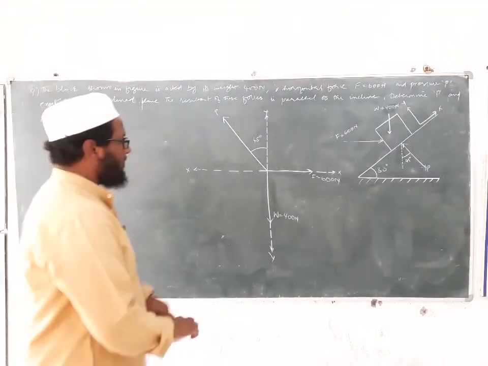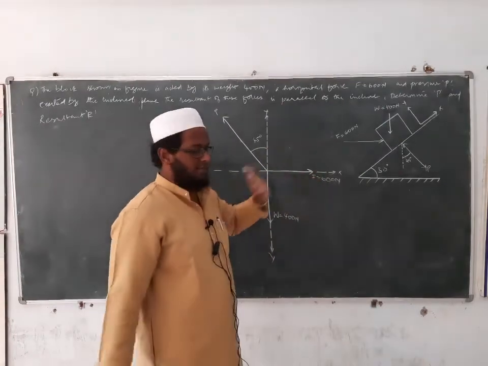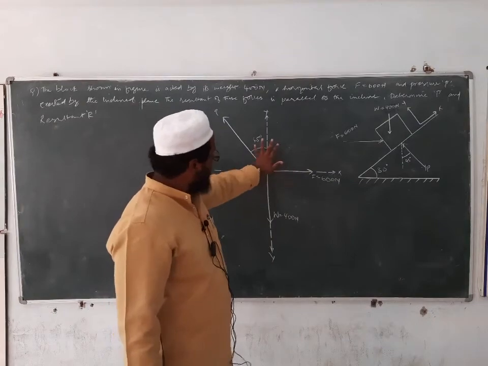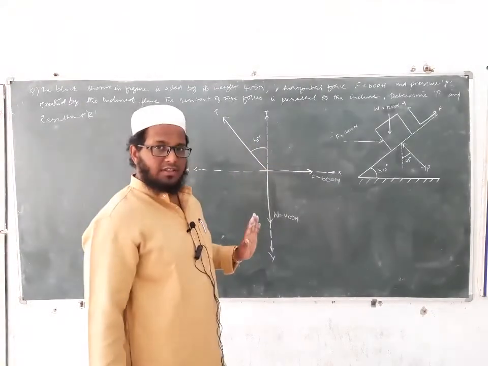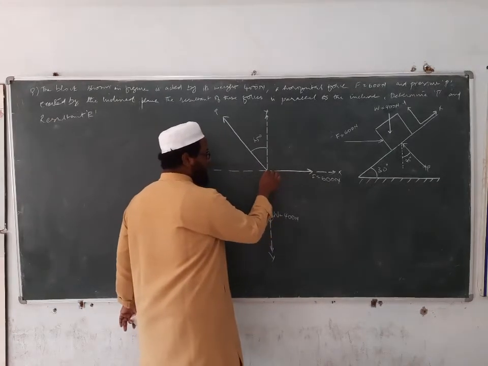Now we have x and y axis, isn't it? I will rotate my x and y axis in anti-clockwise direction at an angle of how much? 30 degrees. So I'll rotate this one.